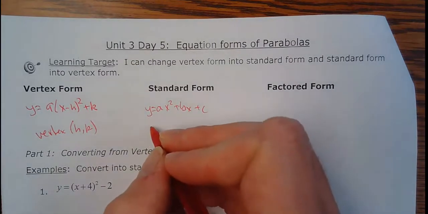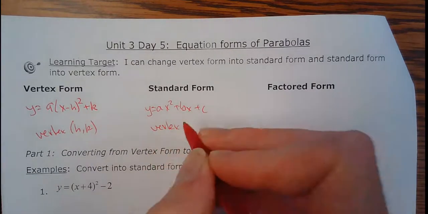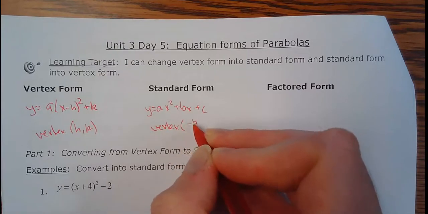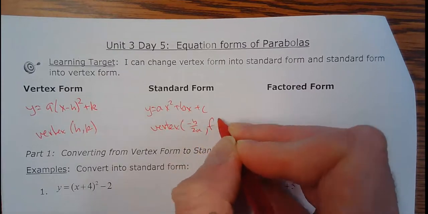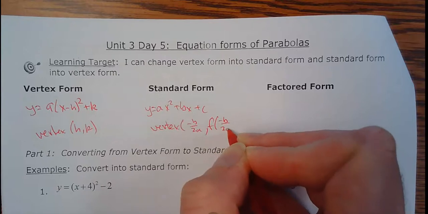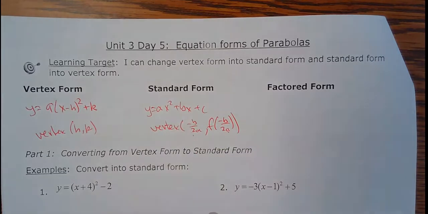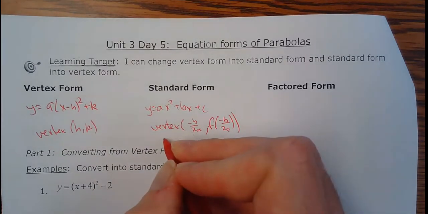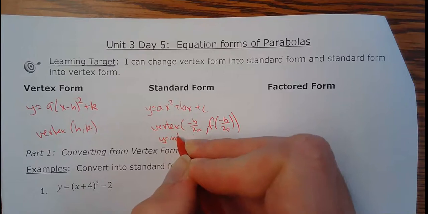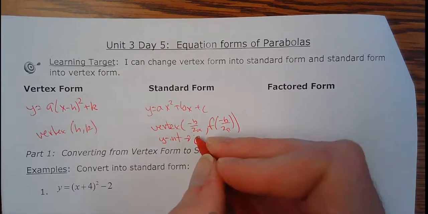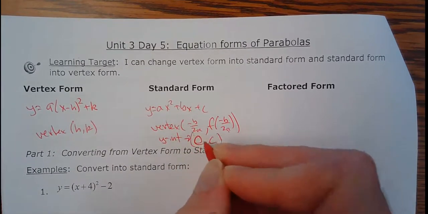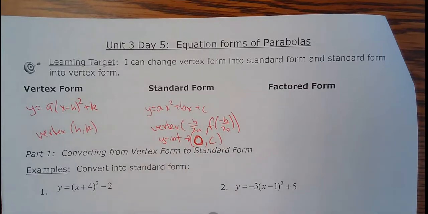On this one, the vertex is going to be negative b over 2a comma f of negative b over 2a. So once you find this number, take negative b over 2a, get a number, plug it into the function, that's your y. Also, the y-intercept is c, which I should say 0 comma c. We'll make it an ordered pair.